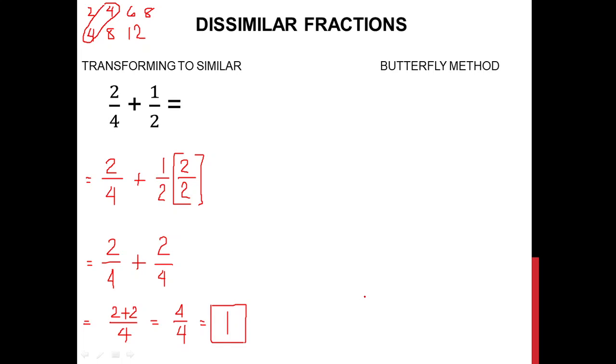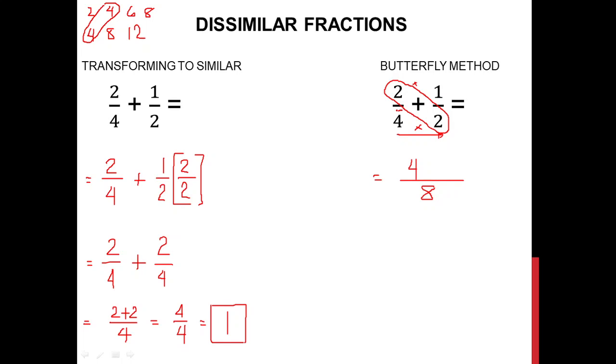There. Now let's try to use the butterfly method, see if we could come up with the same number here. Now the butterfly method, the first step is to multiply the denominators directly. So you have 4 times 2, so that we'll have a common denominator. So 4 times 2, that's 8. Then the numerator of the first fraction is multiplied by the denominator of the second fraction. So that is 2 times 2, that's 4.